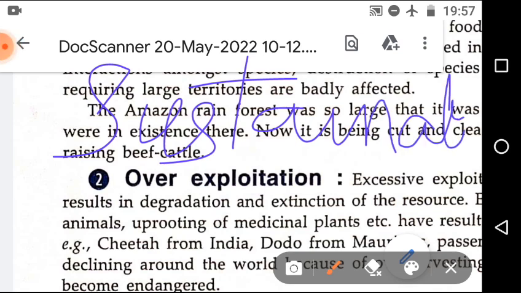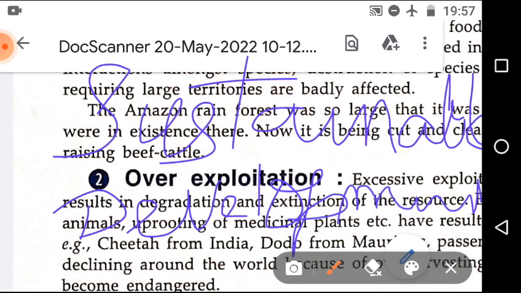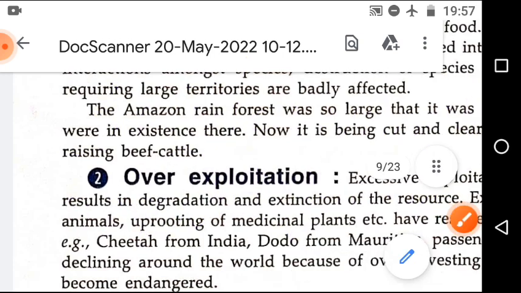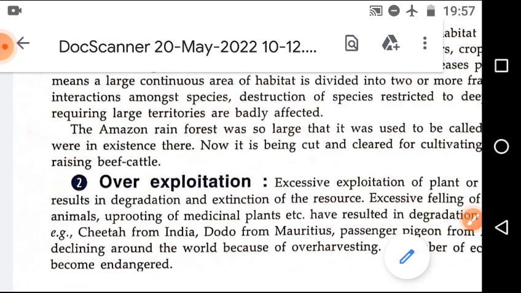Sustainable development means to use the resource in a good manner, so that not only are we benefited from the resource, but our future generations will also equally get that resource and enjoy it. But nowadays we are using that resource too much, and due to this over-exploitation of the resource is occurring, and this is the main reason for loss of biodiversity.